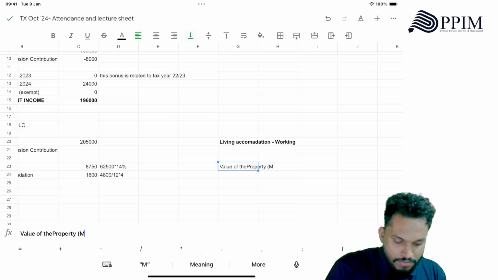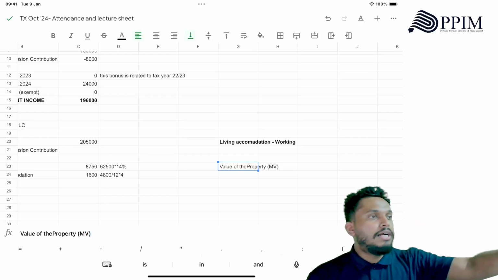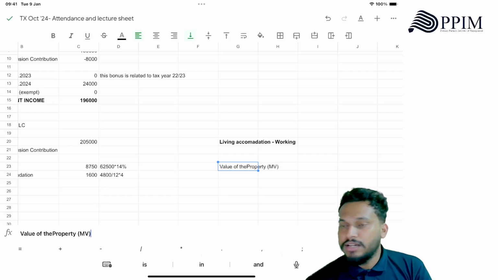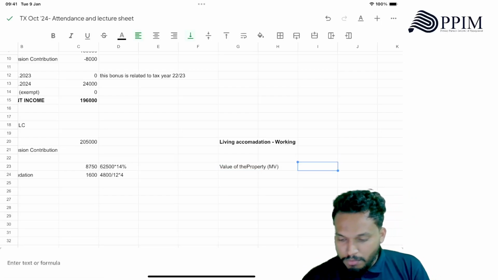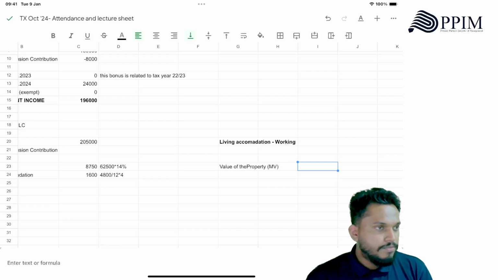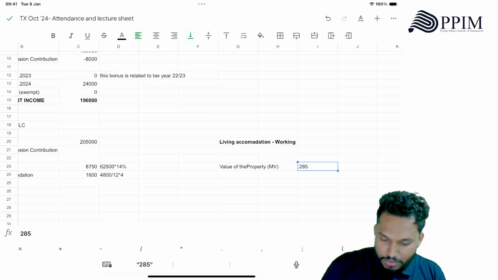I'll put MV for your reference. So MV means that needs to be your market value. So what is your market value? Your market value is going to be 285, right? 285,000.